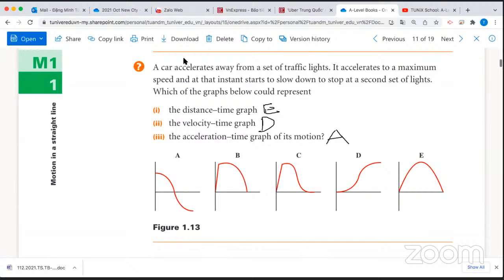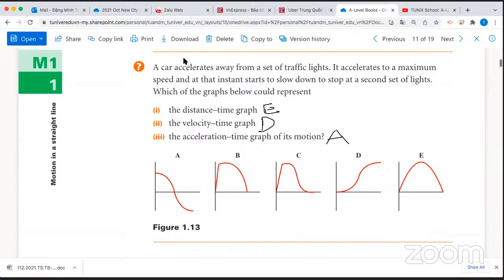A car accelerates. Same sign just means the direction doesn't change, right? Yes. But think about E: does the direction change or not over the whole journey? There is a slowdown.